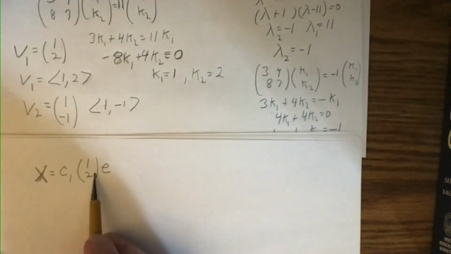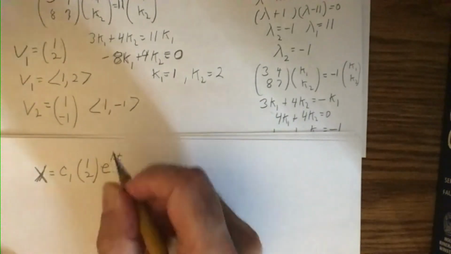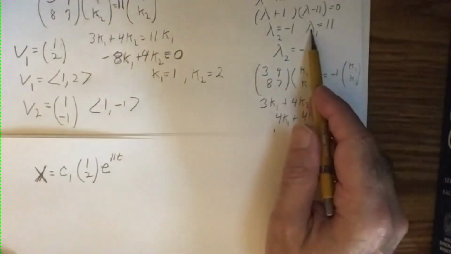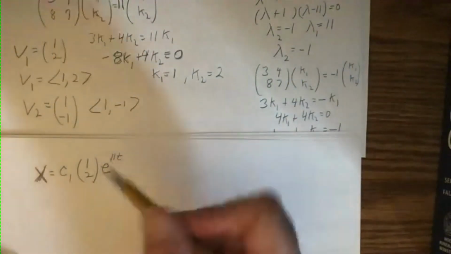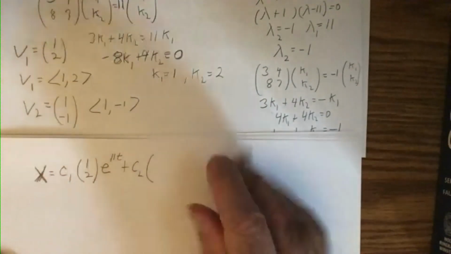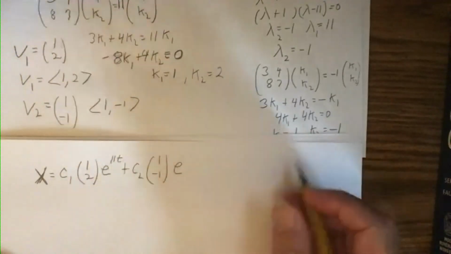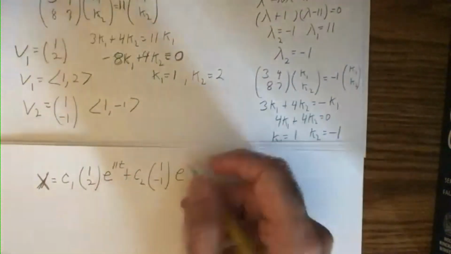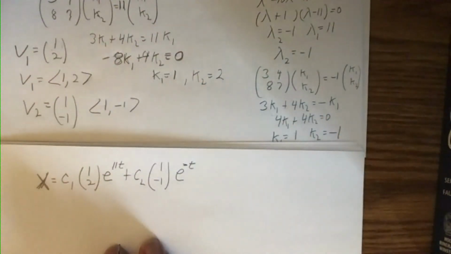It's 11, oh yeah, we did the 11. So this is e to the 11t. I called lambda 1 11. So that's that, and then plus C2 times 1, minus 1, and then e to the lambda 2 t. Lambda 2 was minus 2. So that's one way of writing it.